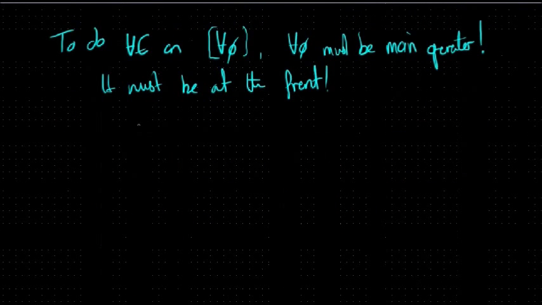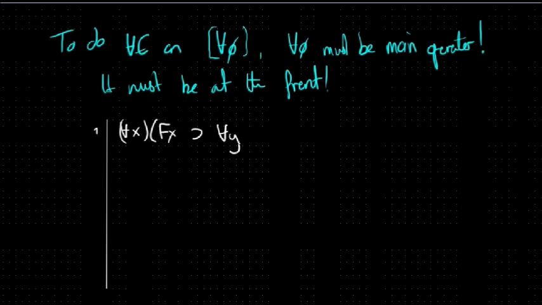So similarly, suppose on line 1 we've got every x is such that if fx, then for all y, L, x, y, whatever that turns out to be. We can't do anything in terms of universal eliminations with this.